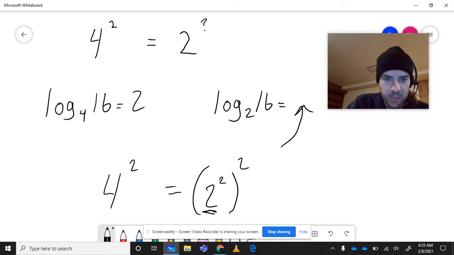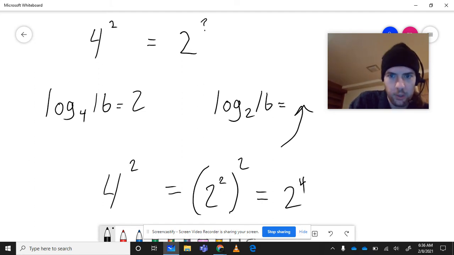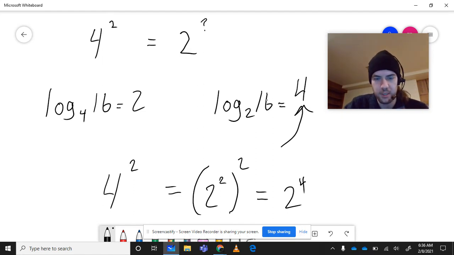If I wanted the base here to be a 2, I can write this base in terms of 2 to some power. And then we just have power rules: when you raise an exponent to an exponent, you multiply it. So that's 2 to the fourth. That tells me that the answer here is 4. 2 to the fourth power is 16.